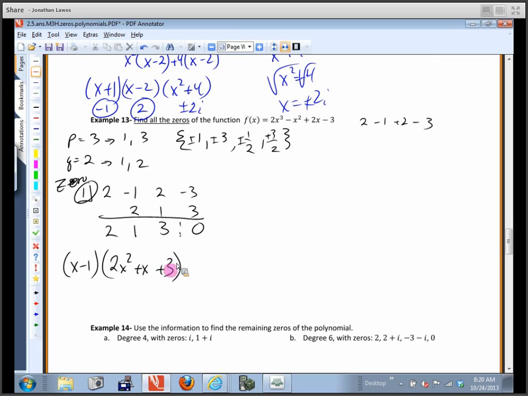Okay? So let's take this right here and let's find the answers using the quadratic formula. So it says, let's see, this would be negative 1 plus or minus the b squared, so that would be 1, minus 4 times a times c. And remember, be careful right here, because this is going to be a 2 and a 3. And then that's all over 2a, so that's all over 4. Any questions there?